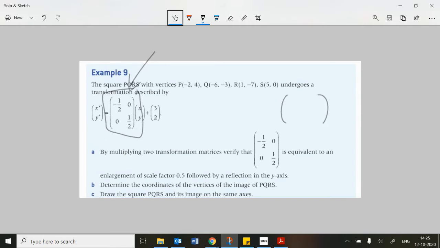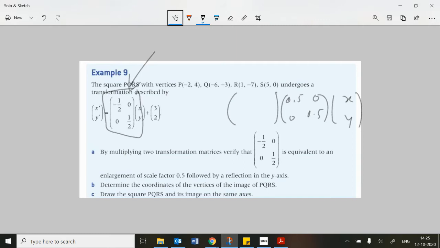So again, working from the inside outwards, we'd want to put on our enlargement of scale factor 0.5. So that would be 0.5 in the x direction and 0.5 in the y direction. So it would be this matrix here, followed by a reflection in the y-axis.